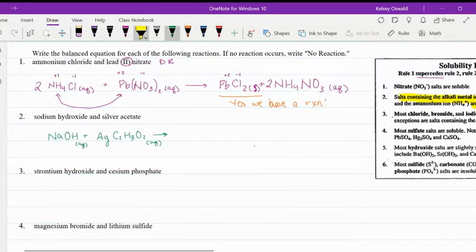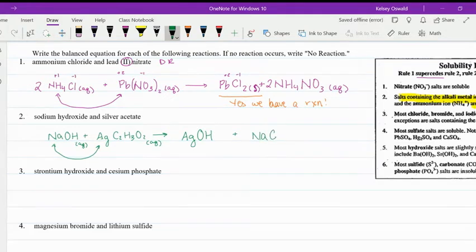So again, it's a double replacement reaction. So our 2 positive ions are going to switch. That means our silver with a +1 charge is going to bond to our hydroxide with a -1 charge, and our sodium with a +1 charge is going to bond to our acetate with a -1.